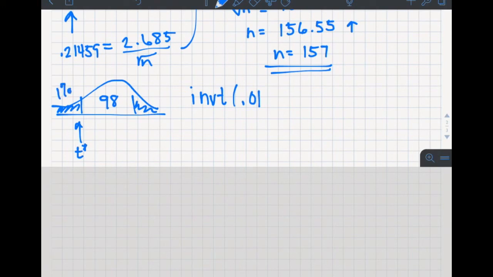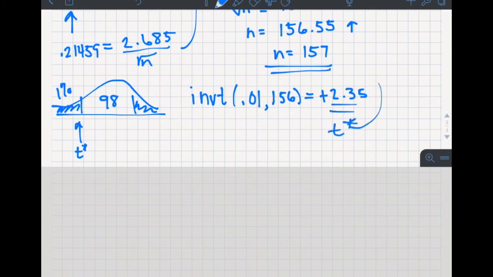So we'll just use this one, 0.01 comma, let's see, 156 degrees of freedom, and that gives us basically negative 2.35. But remember, the t stars, we don't use them as negative values. So that would be my t star if I were to go back and try to re-estimate that.